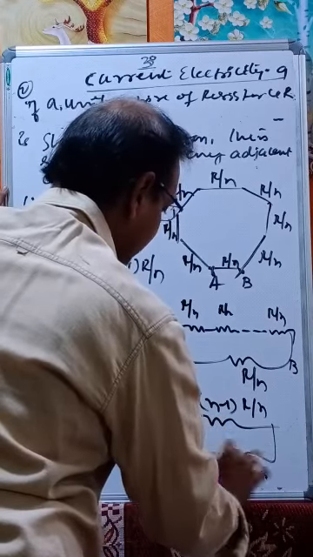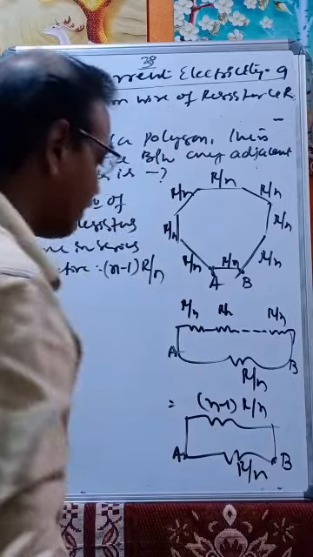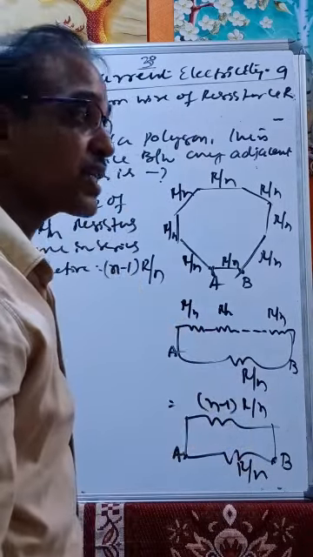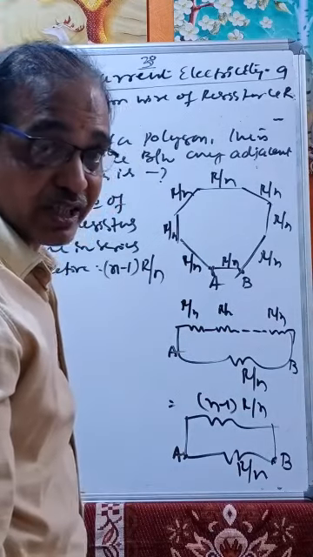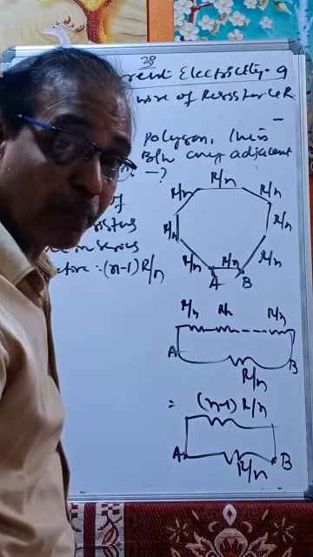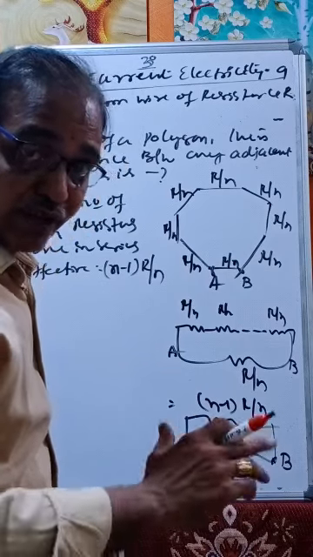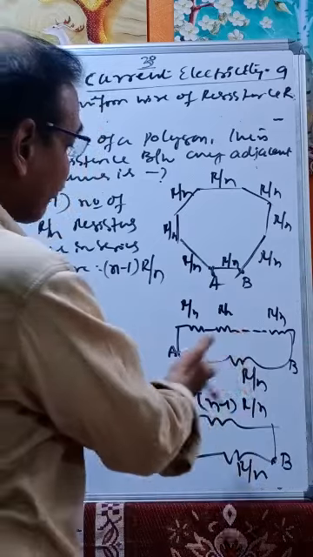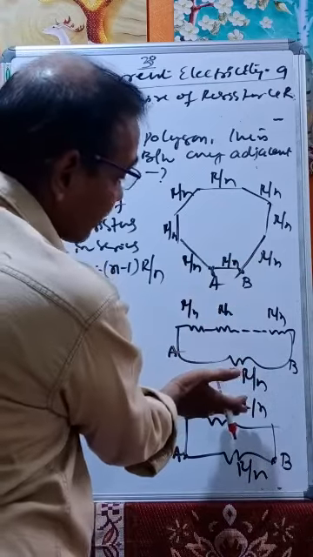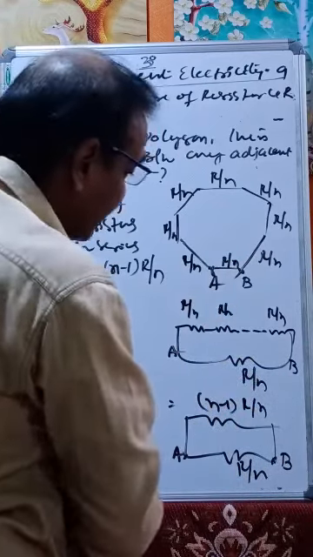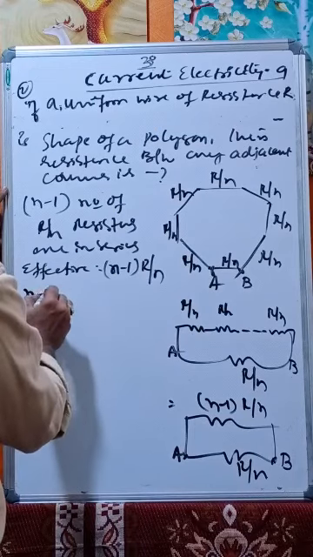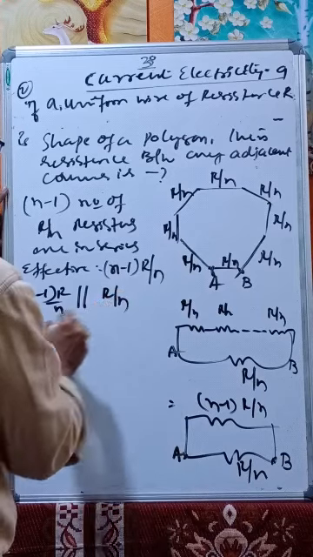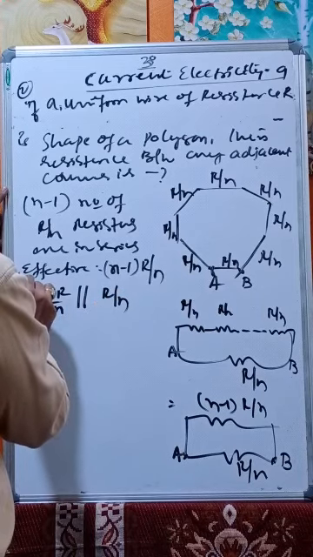This is A, this is B. Therefore, n minus 1 R by n in parallel with R by n is the R net.